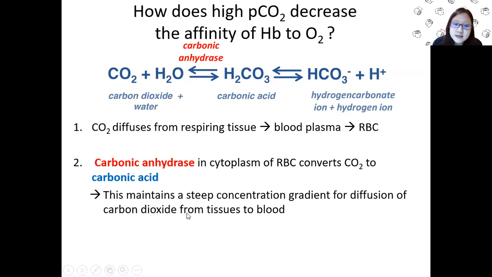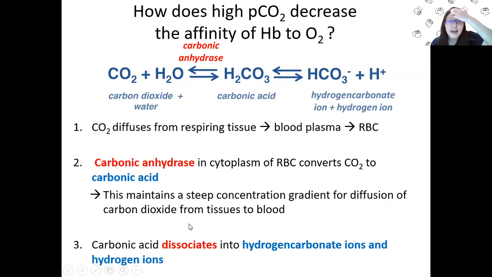Now, what happens is that this maintains a steep concentration gradient for diffusion of carbon dioxide from tissues to blood. This means that the CO2 won't diffuse until equilibrium. There's no such thing because it's immediately converted into another thing, so that CO2 is always high in the tissues and low in the blood. So carbonic anhydrase plays a part in this.